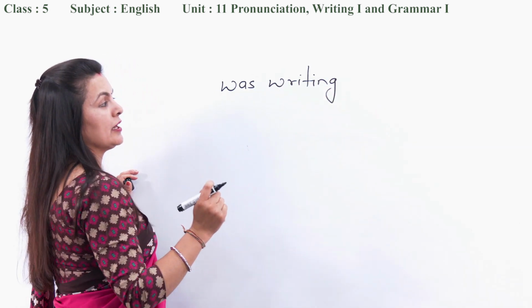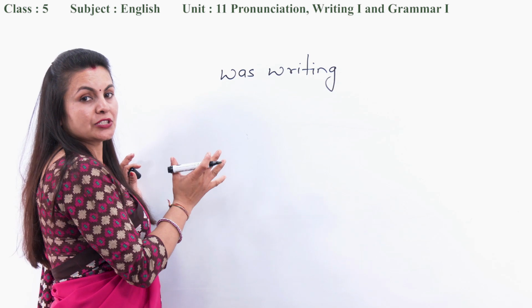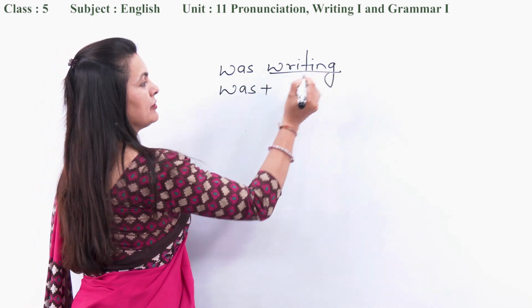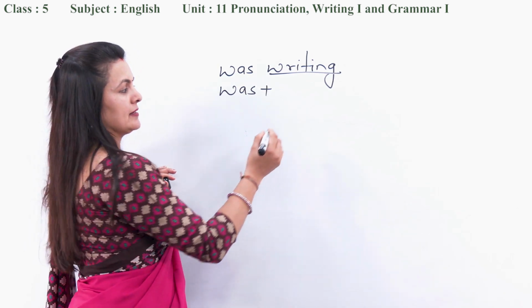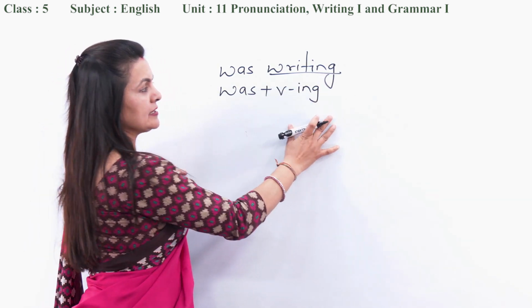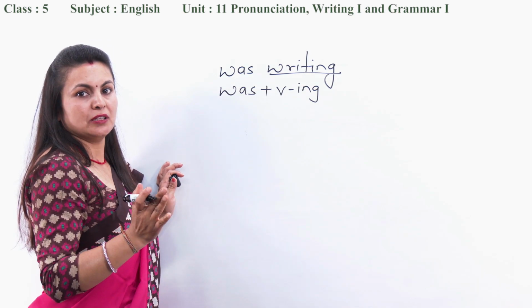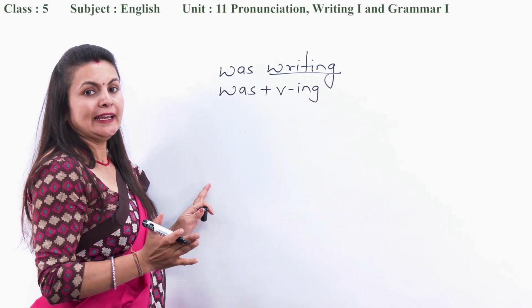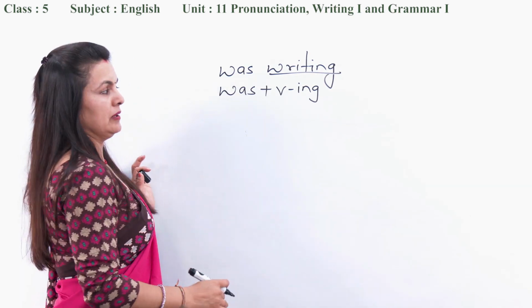Isn't it? So, what kind of structure is there? Was plus what kind of verb is it? Yes, that is verb ing, or we can also say it present participle.